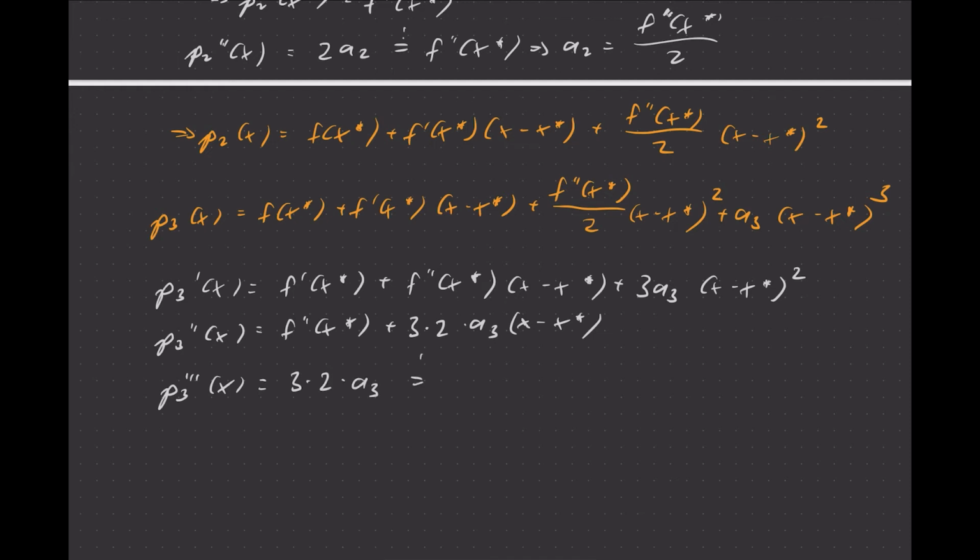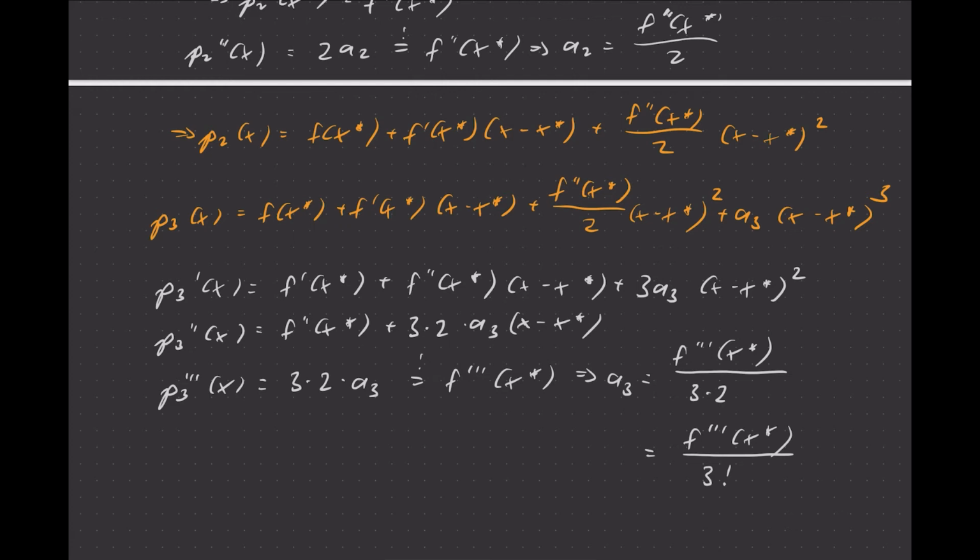And if you want that to be equal to f triple prime at x star, then that means we'll have to set a3 to f triple prime at x star divided by 3 times 2, or f triple prime at x star divided by 3 factorial.